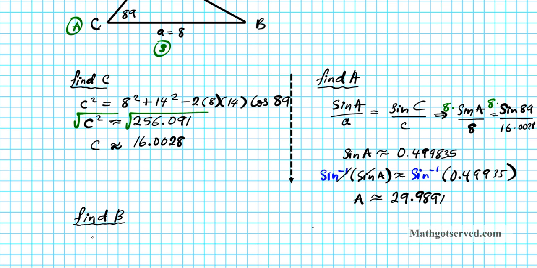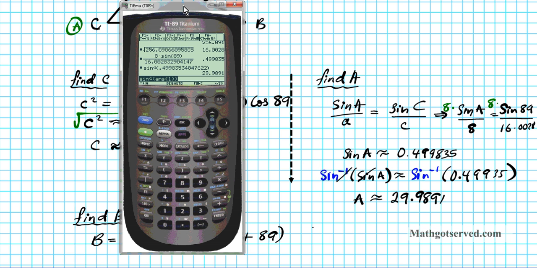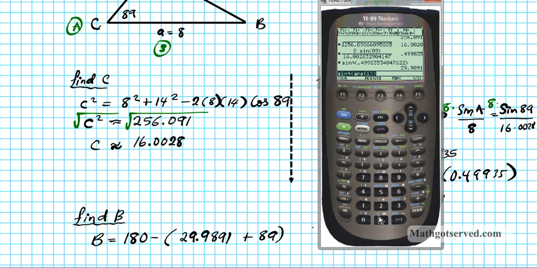Okay, so let's go ahead and apply that there. To find big B, we're going to use the expression big B is equal to 180 minus the sum of the other two angles, 29.9891 for A plus 89 for C. Okay, so plug that into our calculator to find the value of angle B. So it's going to be 180 minus, don't forget the parentheses, the answer we got before, plus 89.